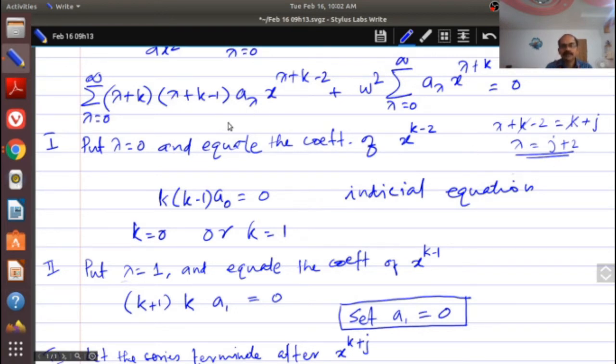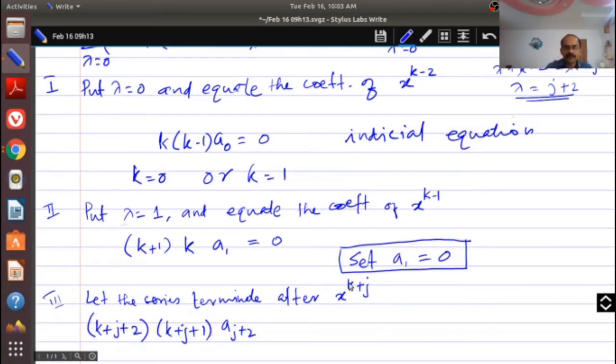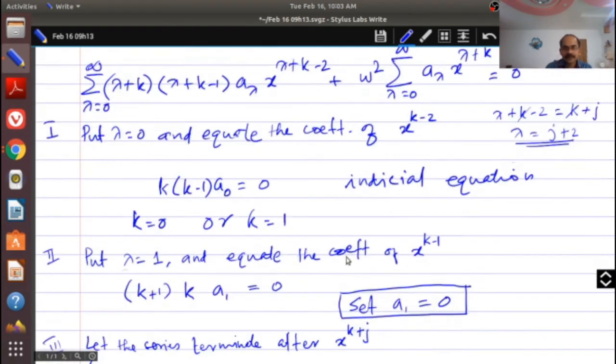Then a j plus 2, x raised to j plus 2 plus k minus 2, which will be x raised to j plus k. So that is what we need. The coefficient of x raised to k plus j is this, plus there is the second term.